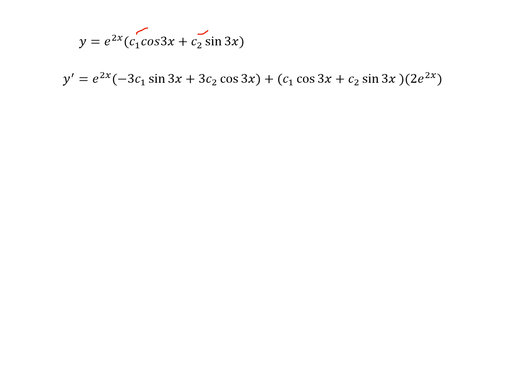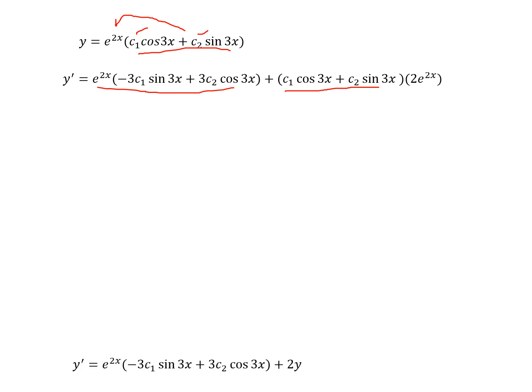The first derivative is e to the 2x times negative 3c1 sine 3x plus 3c2 cosine 3x, plus the derivative of c1 cosine 3x plus c2 sine 3x times the derivative of e to the 2x, that's 2e to the 2x.